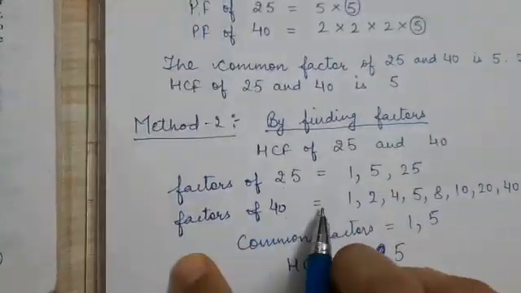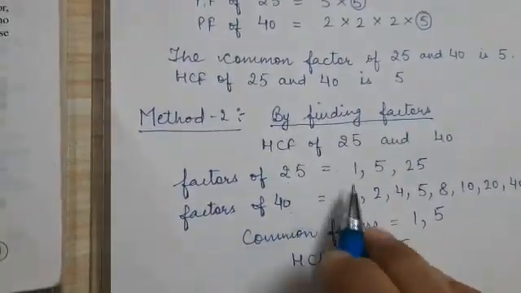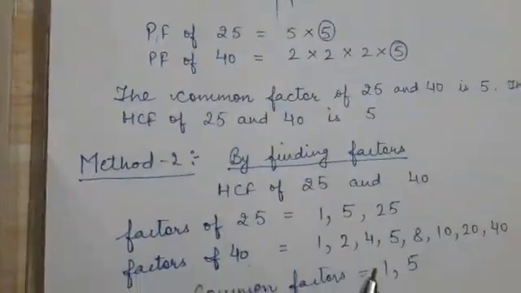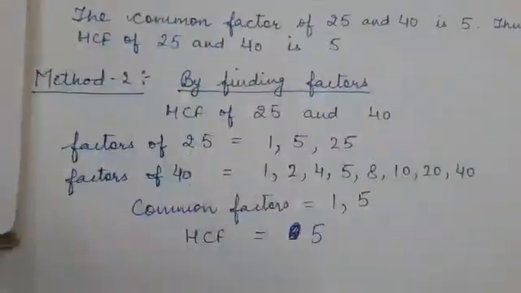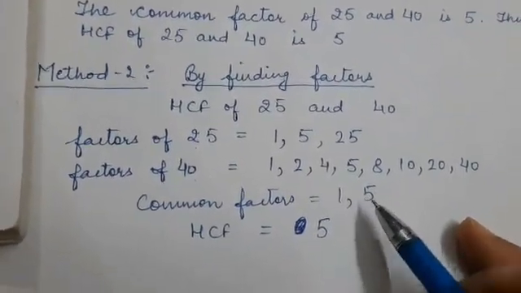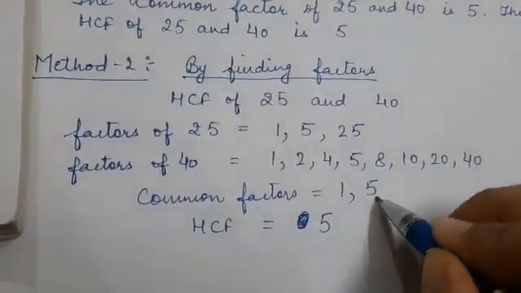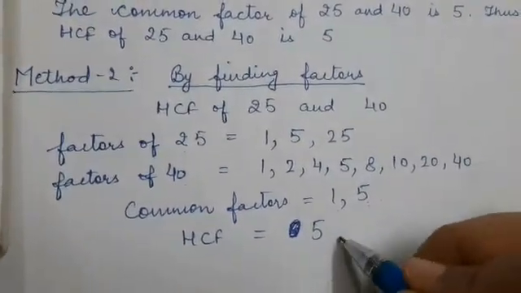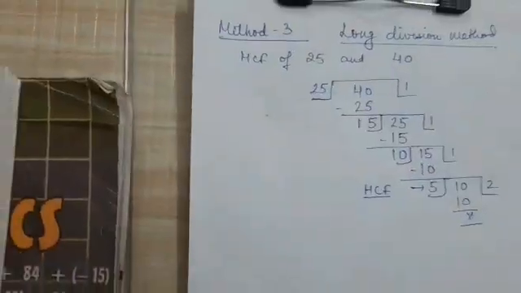Now you have to find out the common factors among these two numbers. The common factors here are 1 and 5. And highest common factor, among 1 and 5, which is the bigger number? It is 5. So HCF is 5 only.